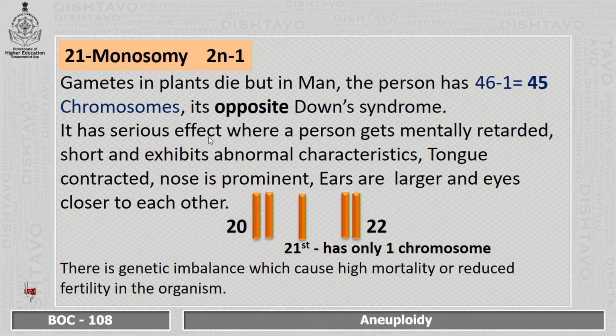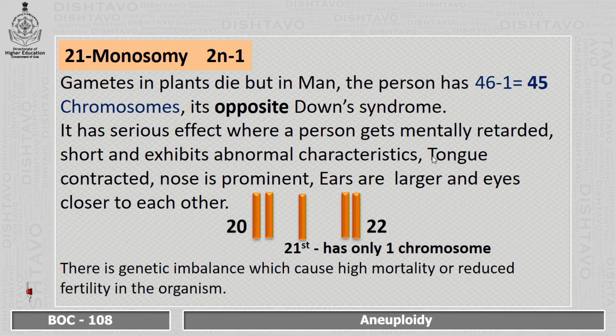It has a serious effect where a person gets mentally retarded because the 21st pair in the set, there are 23 pairs, has one less chromosome. The person remains short and shows abnormal characteristics.